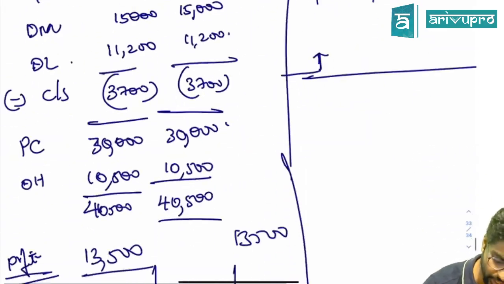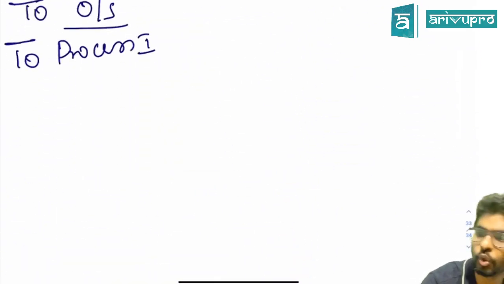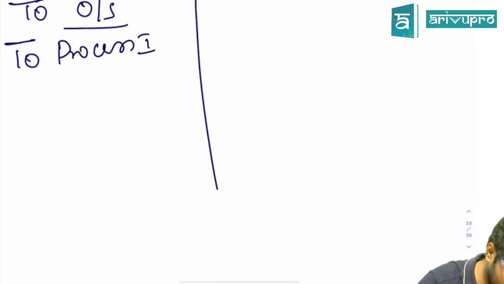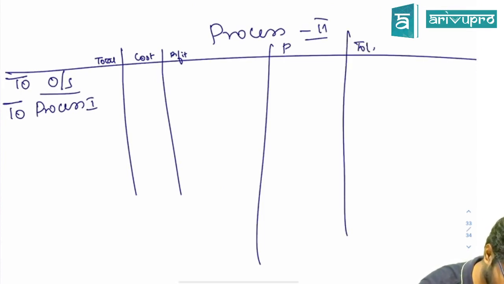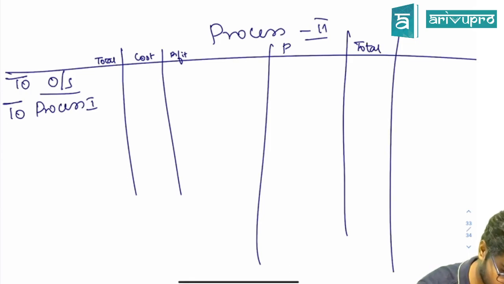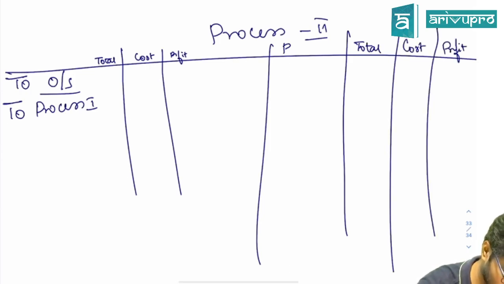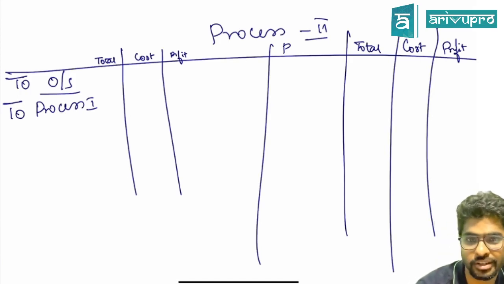So see here the way I write: to opening stock, total, then I have my cost, then I have my profit, then I have again particulars, cost and profit, right?